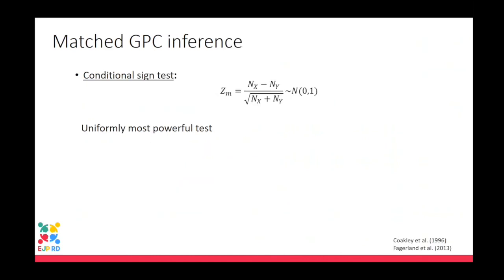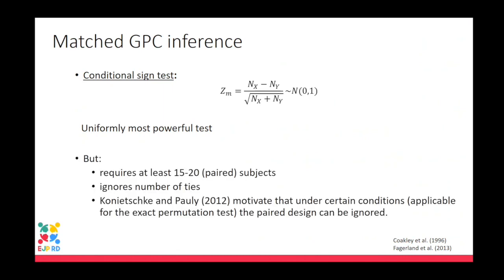Now we need a different way of inference for this matched GPC. If you look into the literature, the uniformly most powerful test for a matched analysis would be a conditional sign test. But unfortunately, the references at the bottom looked at a simulation study, and they said you would need at least 15 to 20 paired subjects for these tests to be valid.